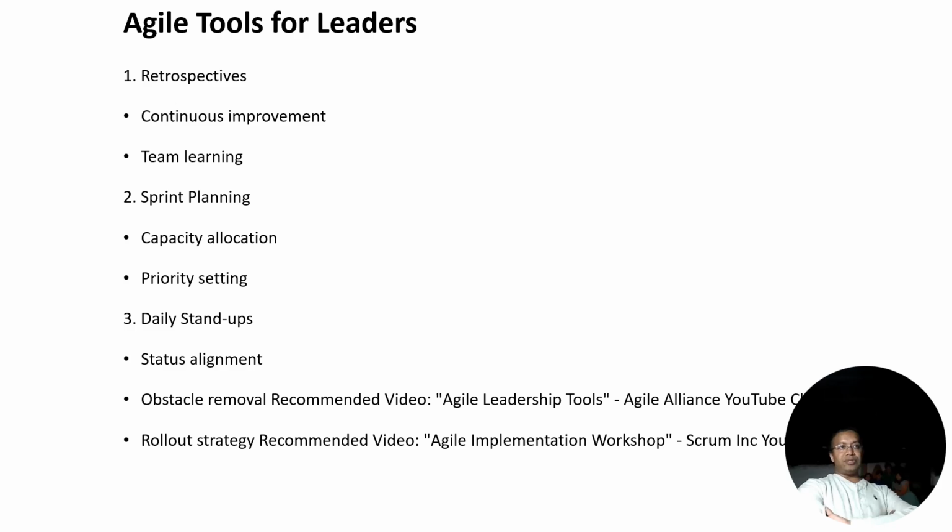They reinforce the self-organizing nature of Scrum teams, and also they help teams stay connected and informed and be able to deliver on time. So these are certain agile tools that leaders can utilize while their organization faces a very turbulent, uncertain kind of environment.